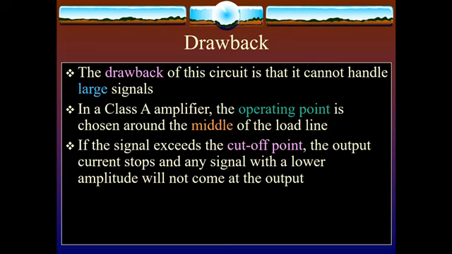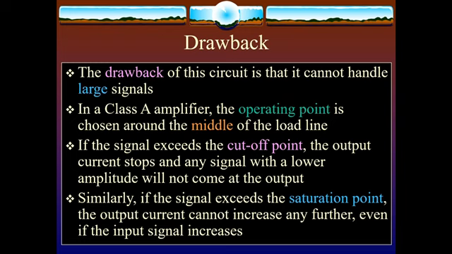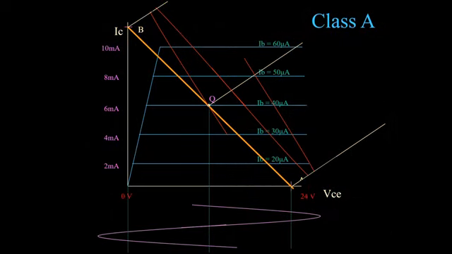Similarly, if the signal exceeds the saturation point, the output current cannot increase any further. So even if the input signal increases, the output signal never increases. So this is the Class A amplifier. You can see that when it goes beyond the saturation and below the cutoff, the signal gets blocked. You can see that the peak slicing of signals has been taking place. What it means is that beyond that, no current will flow in the circuit.